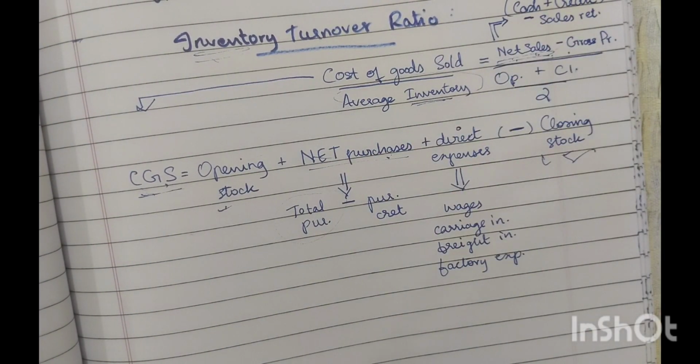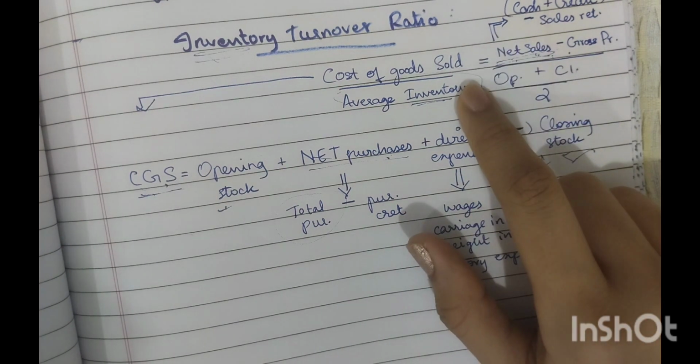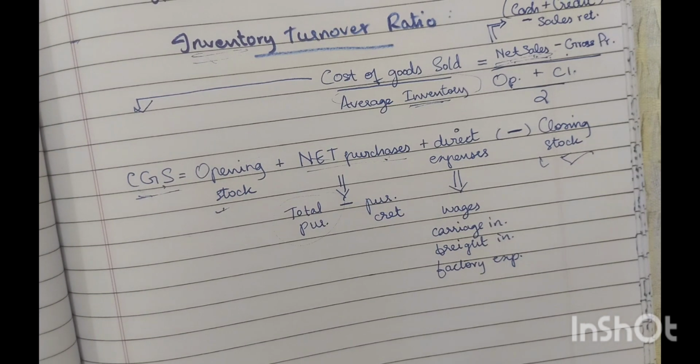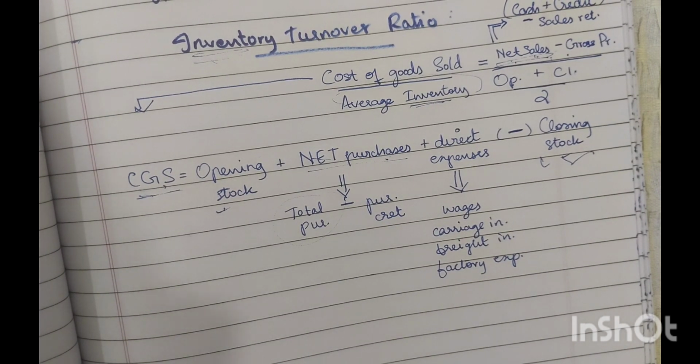Another point that we have to note is that here, not only do we understand the efficiency with which the inventory is used, but when we find out this ratio, the answer will be in the form of times, right? That actually indicates the number of lots in which we bought the goods.